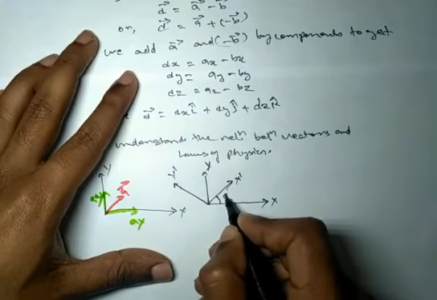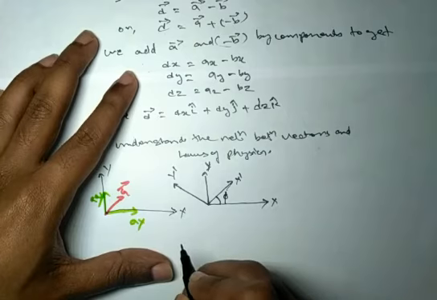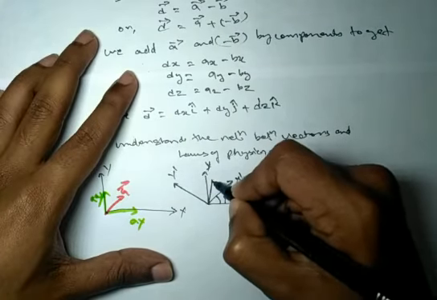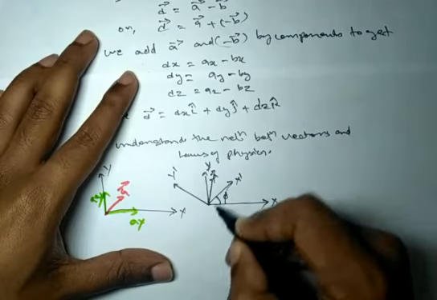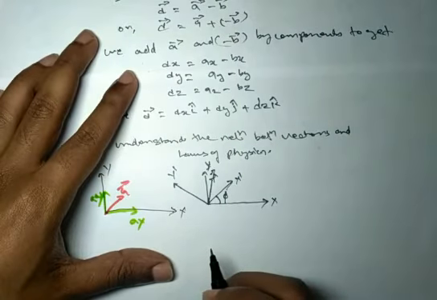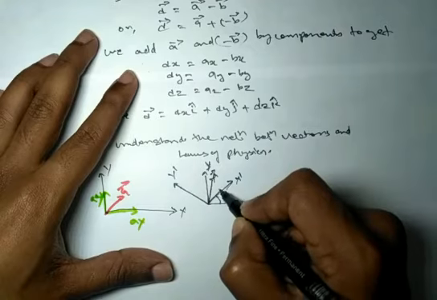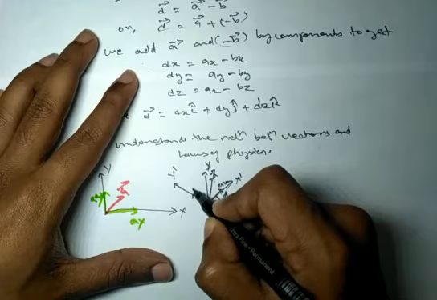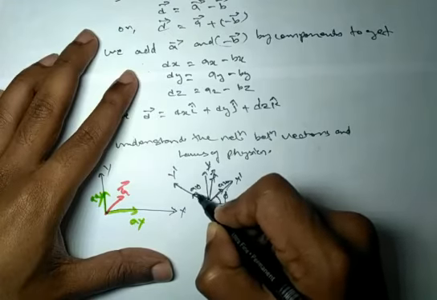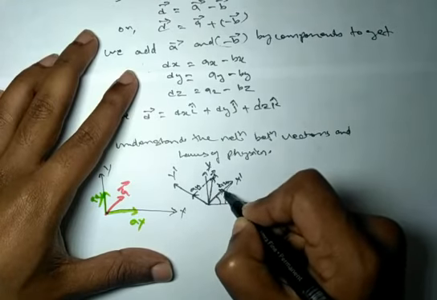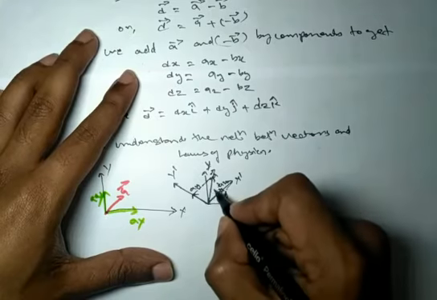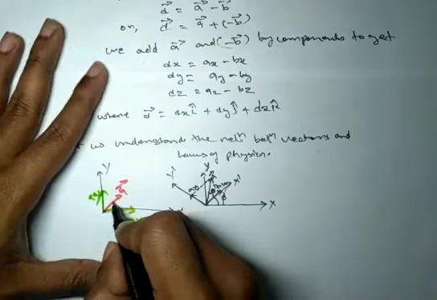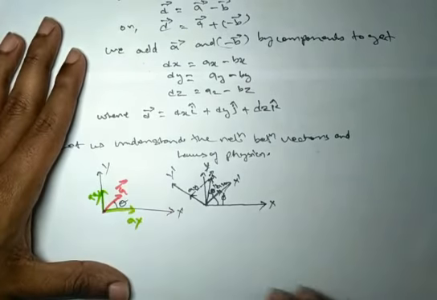We are rotating it by angle phi. So in here the vector component will be vector A, and here this is a dash x and this is a dash y, and this is the angle theta dash. Here the angle will be theta.